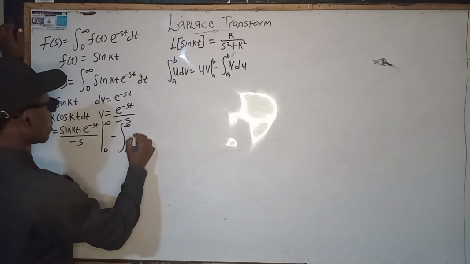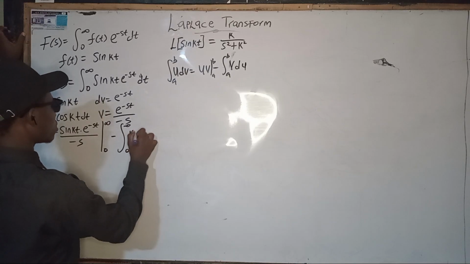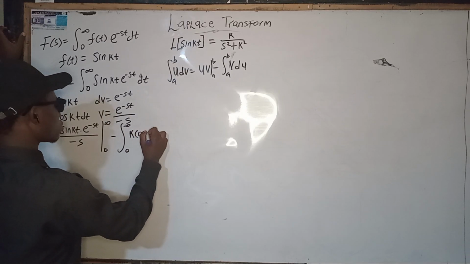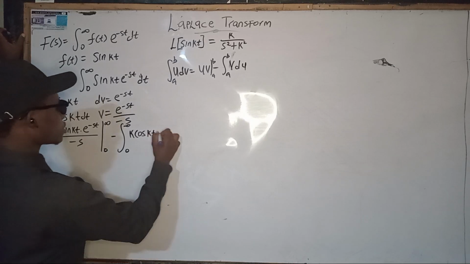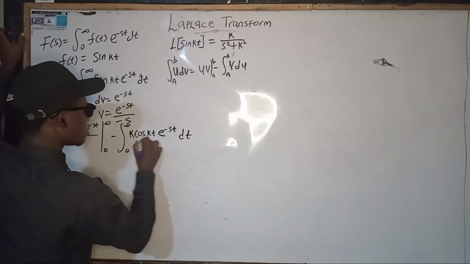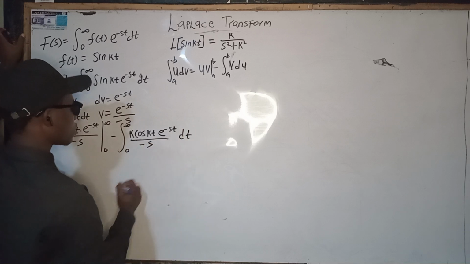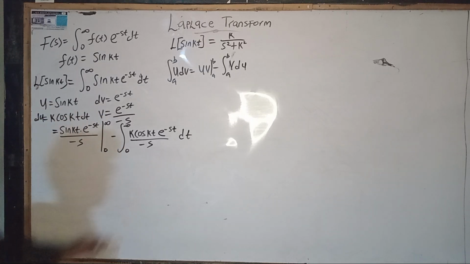So v du is k cos kt times e raised to the power minus st dt, over minus s.